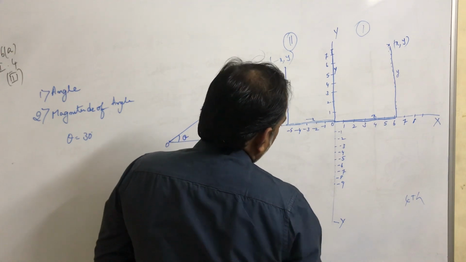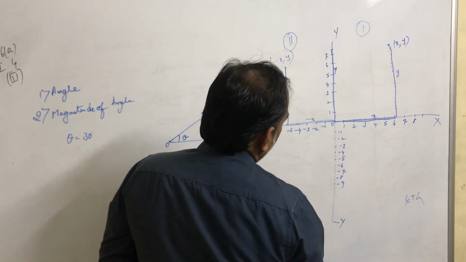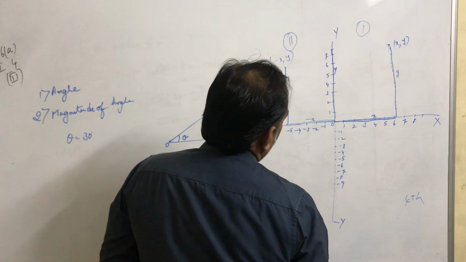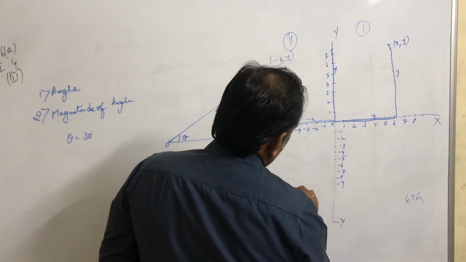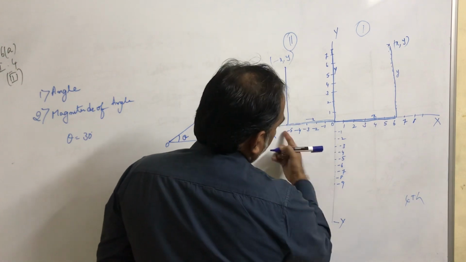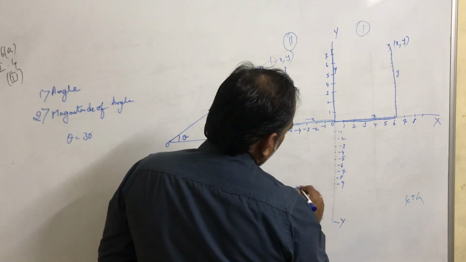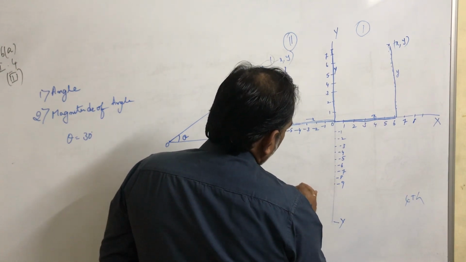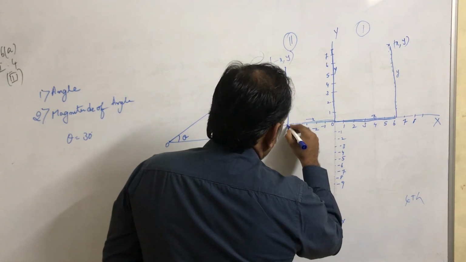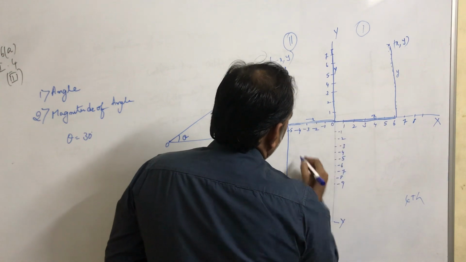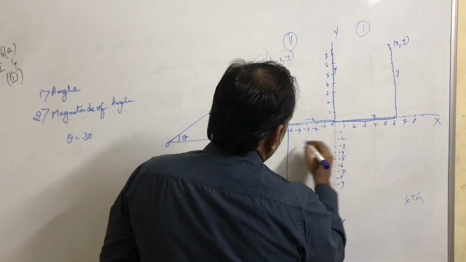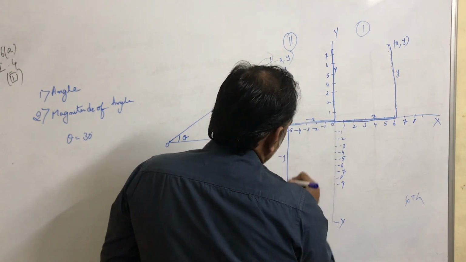And let us say I want to represent one point in the third quadrant. Let us say this is the point. This point is represented as minus x and minus y. Its meaning is we need to traverse minus x units along the x axis and minus y units along the y axis.